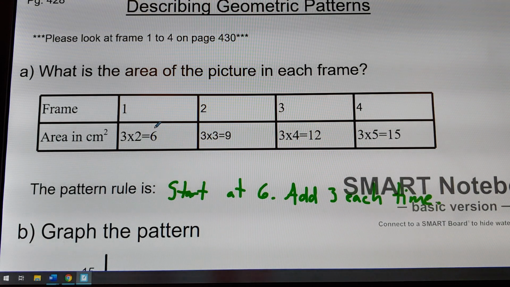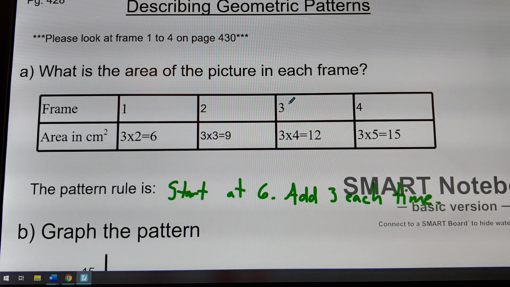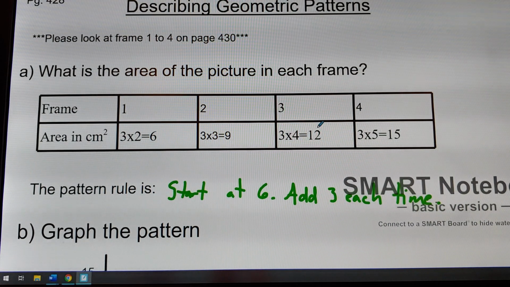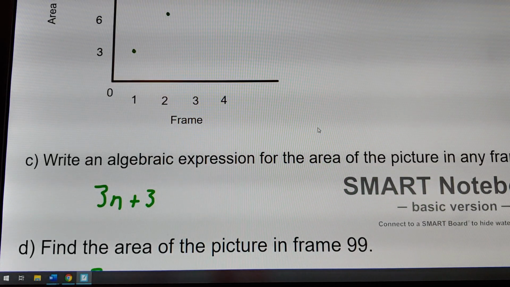So let's add 3. So that gives us 6. And we'll try that for this one. 3 times 2 is 6, plus another 3 is 9, looking good. 3 times 3 is 9, plus another 3 is 12. Okay, we got 3 in a row to work. We know that it's 3n plus 3.